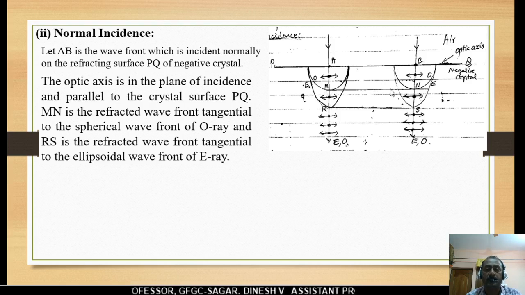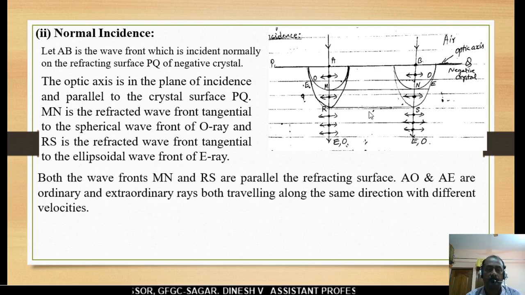MN is the refracted wavefront tangential to the spherical wavefront of the ordinary ray, and RS is the refracted wavefront tangential to the ellipsoidal wavefront of extraordinary rays.